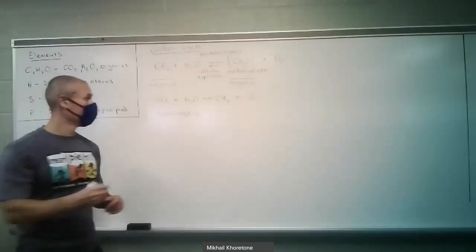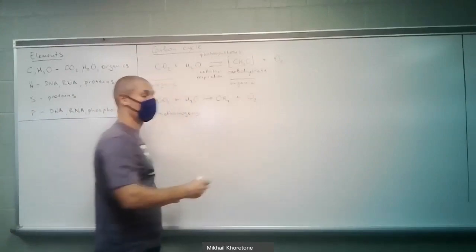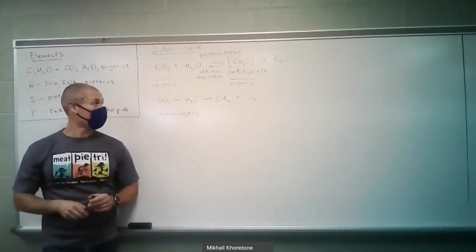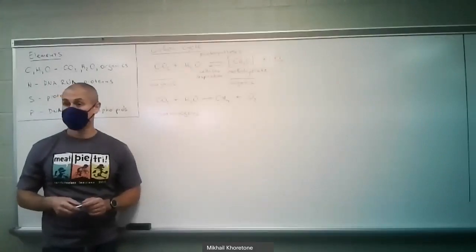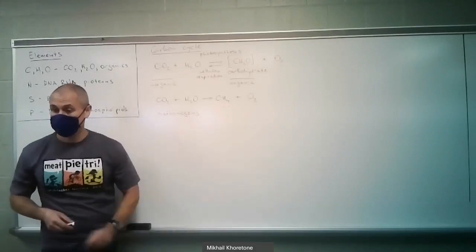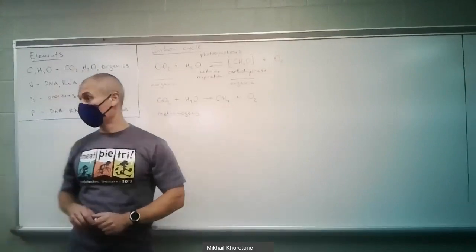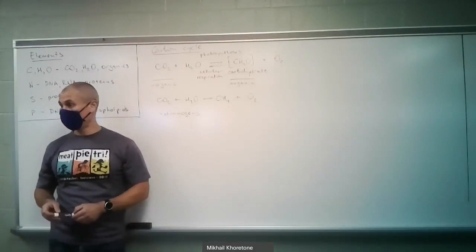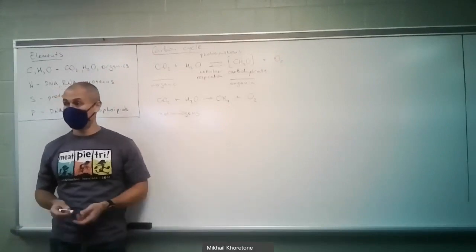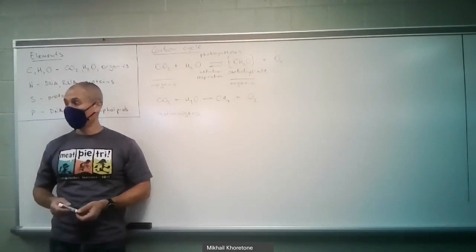Okay, right here. I'm going to highlight some of this stuff. Now, here's the problem with methanogens. They generate a huge amount of methane, which is a significant contributor to the greenhouse effect. You know, the greenhouse gases, CO2 is the most famous greenhouse gas.